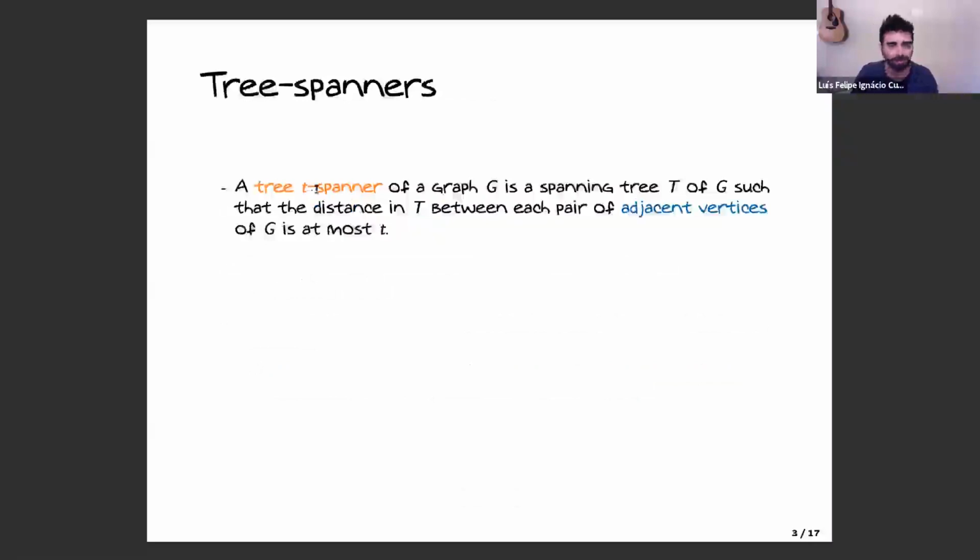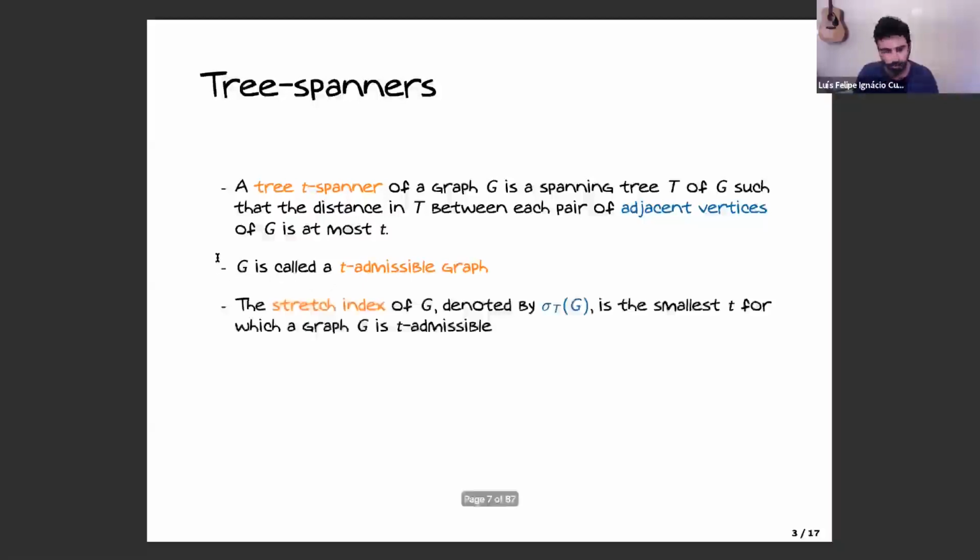A tree t-spanner of a graph is a spanning tree T such that the distance between any two adjacent vertices of the graph G is at most t in the spanning tree T. If a graph has a tree t-spanner, then it is t-admissible. What you want is to determine the stretch index, which we denote by this parameter here, which is the smallest t for which G is t-admissible.